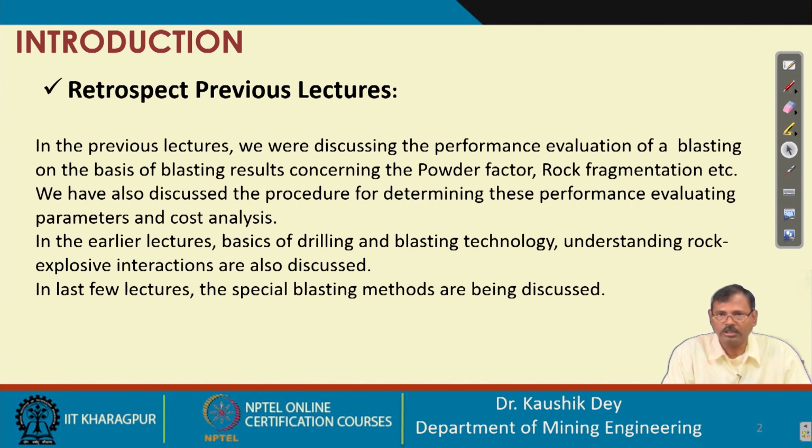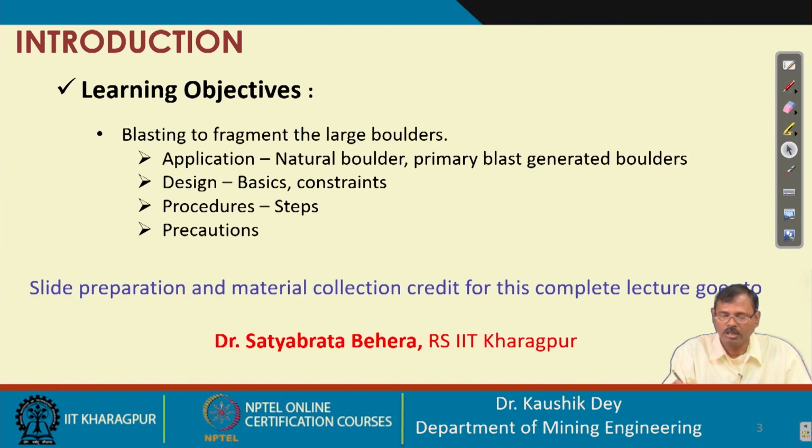In these special blasting techniques, the fourth topic is the boulder blasting techniques. In our previous lecture, we covered the types of boulders, where they come from, how they are generated, and how they have to be handled. We found there are many methods to blast boulders.